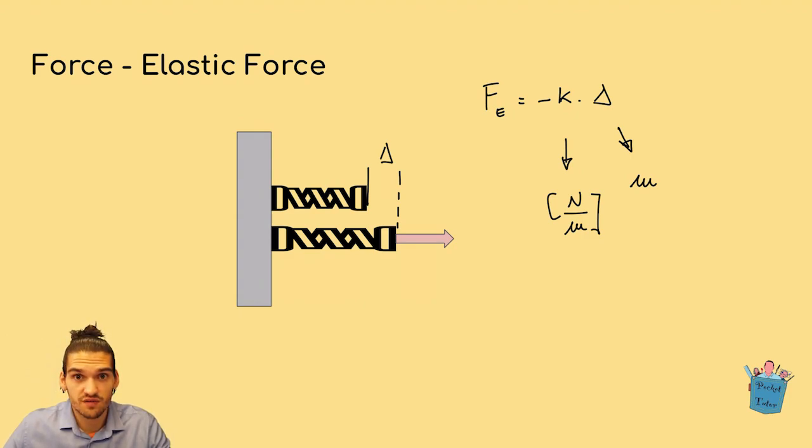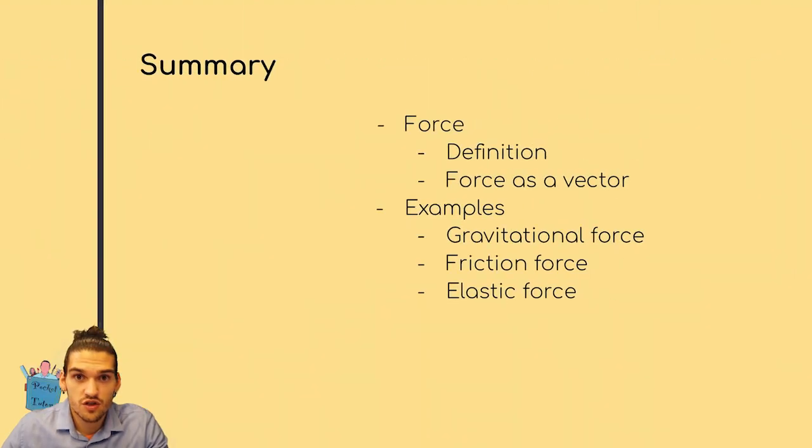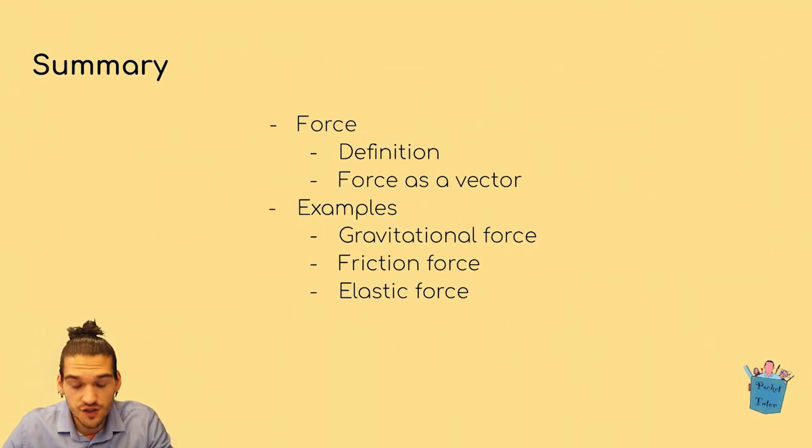There's not much more to say about forces, but they are not as easy as they seem. We'll need to do a lot of exercises with them in order to understand them very well. So in summary, today we've seen forces, what they are, their definition. We know that they have a direction and an orientation, so we will need vectors in order to describe them.